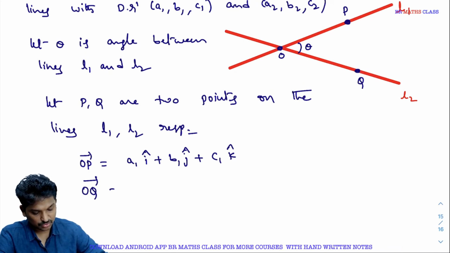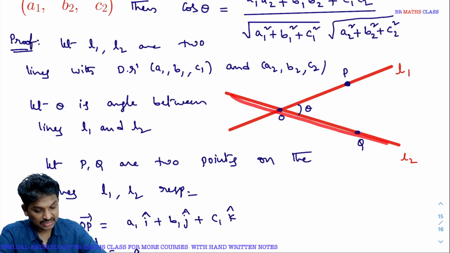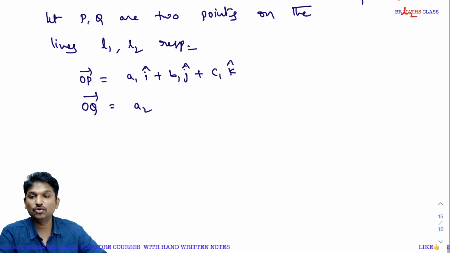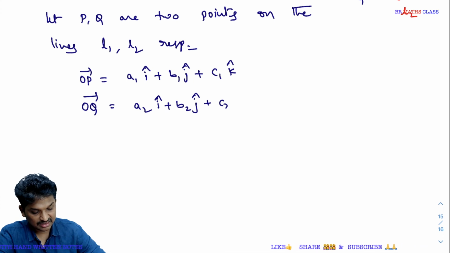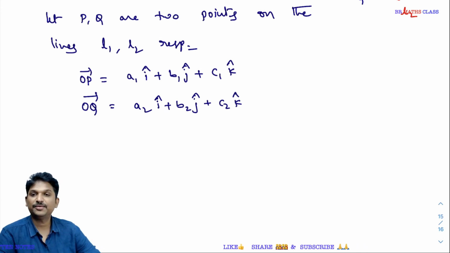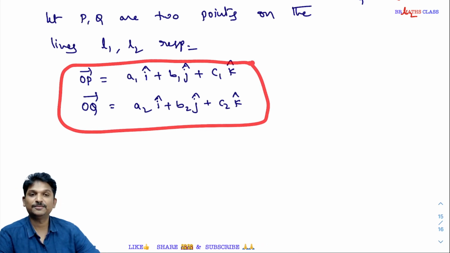OQ bar can be written using the direction ratios of line L2. They are given as A2, B2, C2, na. So OQ bar can be written as A2 i cap plus B2 j cap plus C2 k cap. Okay, OP bar, OQ bar, two things are there.